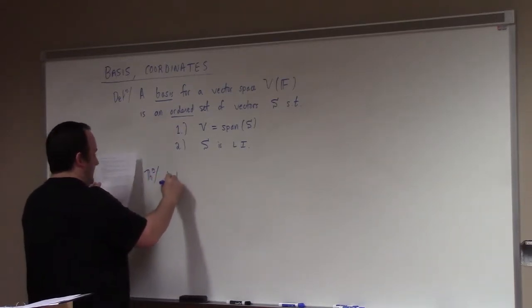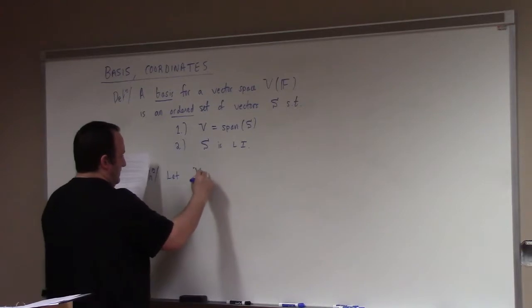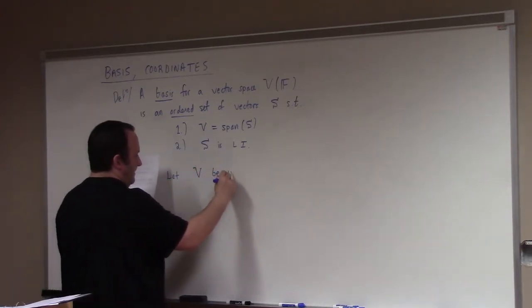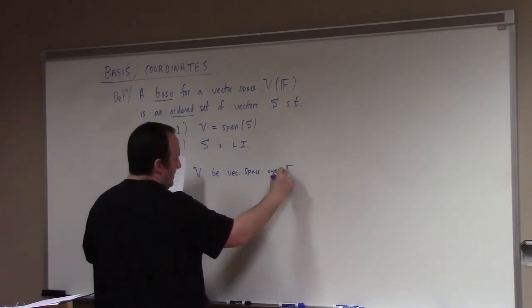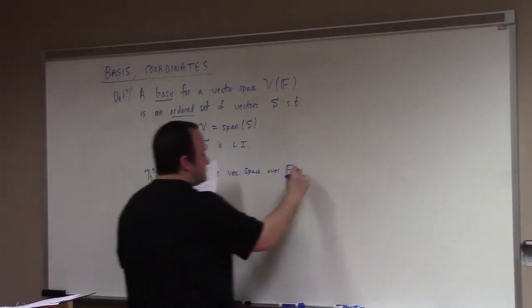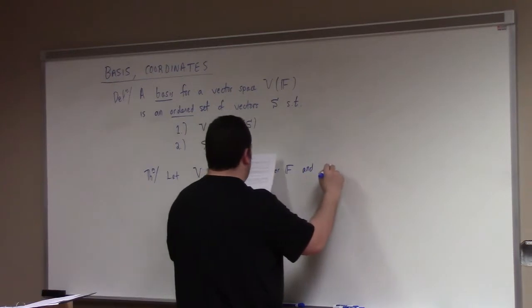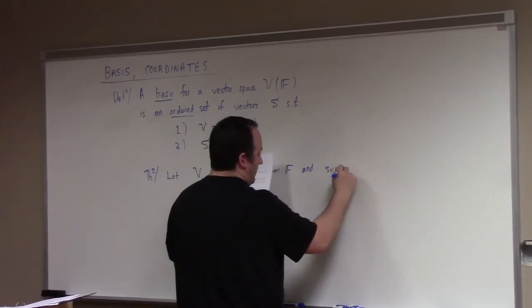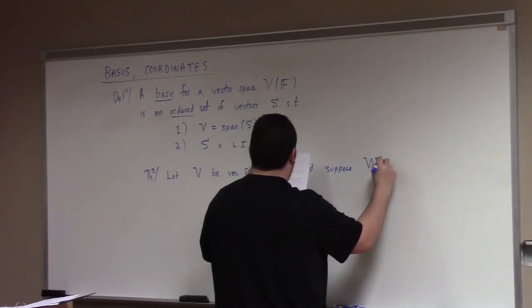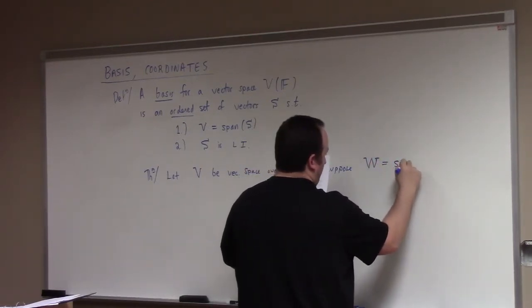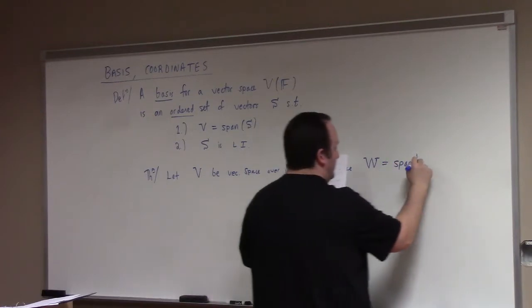Let V be a vector space over F, and suppose that W is equal to the span of V1 through Vn.